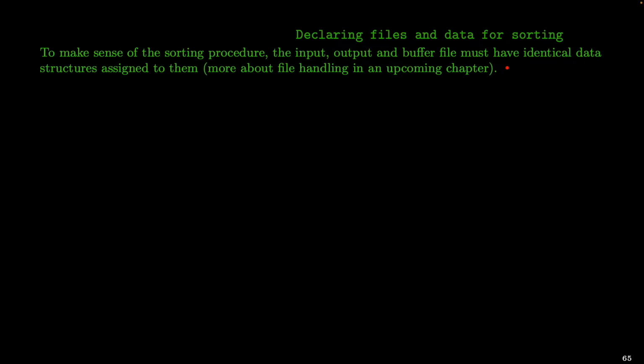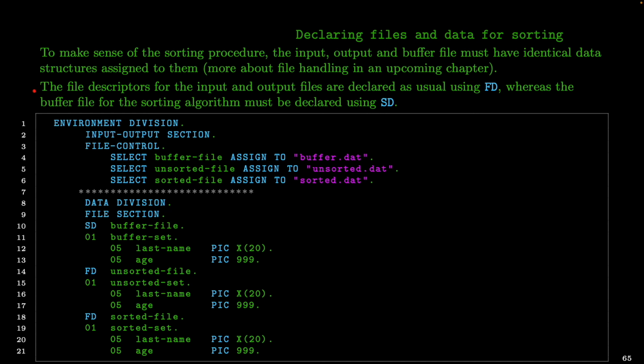And I will talk more about file handling in an upcoming chapter, but just enough here to understand how the sorting algorithm works. The file descriptors for the input and output files are just ordinary COBOL file descriptors declared with FD, whereas the buffer file for the sorting algorithm must be declared using SD. So here's the full declaration of the files and their descriptors.